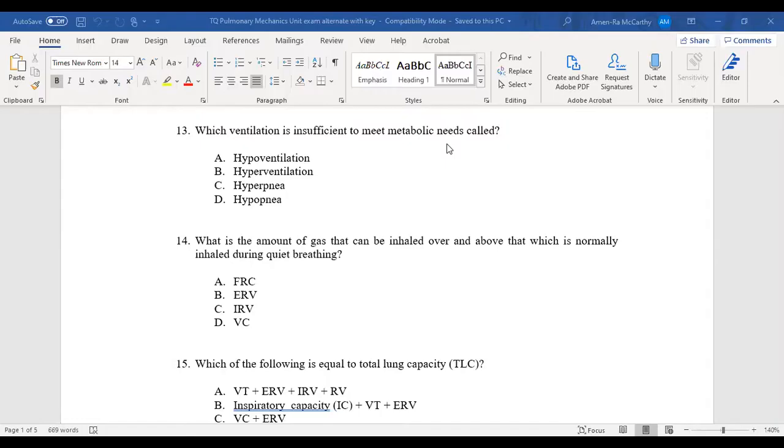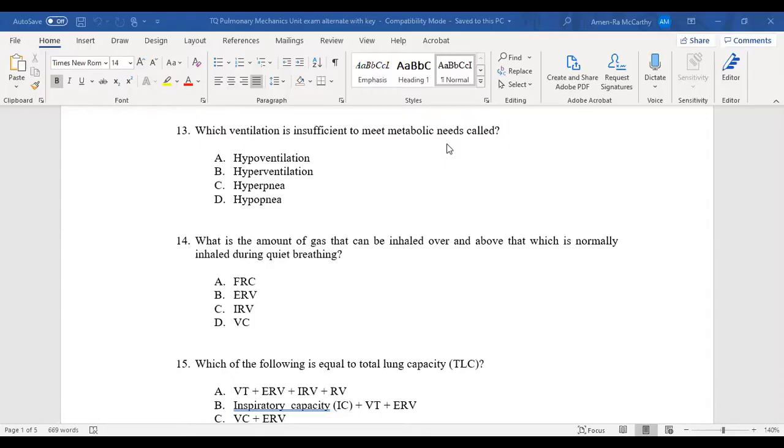CO2 is a byproduct of metabolism. So when I'm metabolizing, I need to get rid of CO2. And so which one of those ventilation is not getting enough CO2 off? That would be hypoventilation. If I'm hypoventilating, I'm not getting the CO2 off like my body needs.